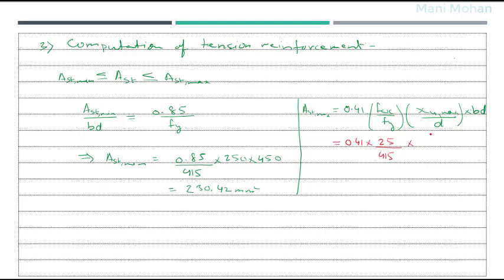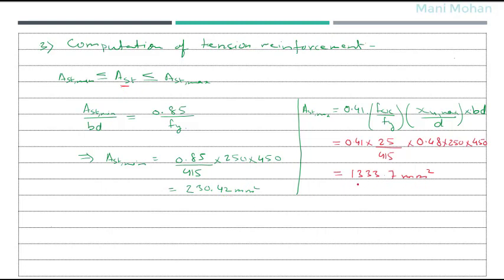XU max by D for Fe415 steel is 0.48. Width of the beam is 250. Effective depth is 450. If I do this computation, I get the maximum steel as 1333.7 millimeter square.